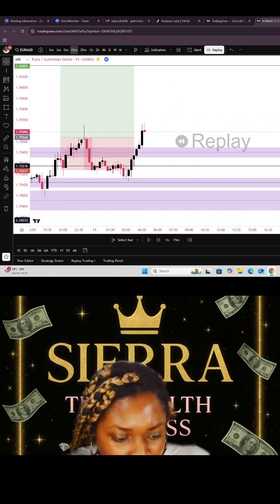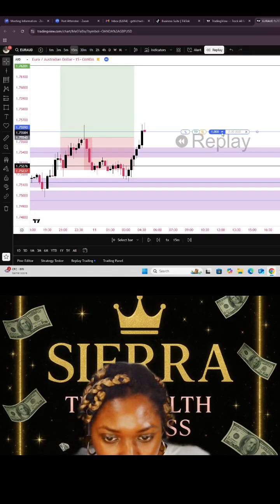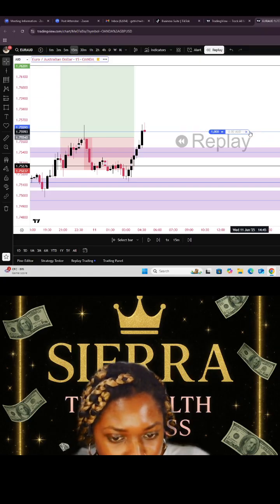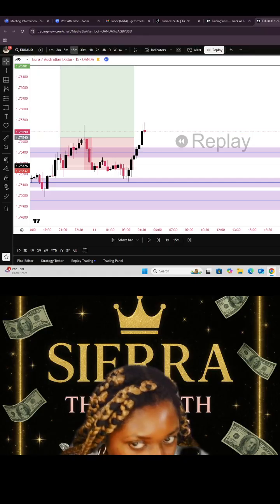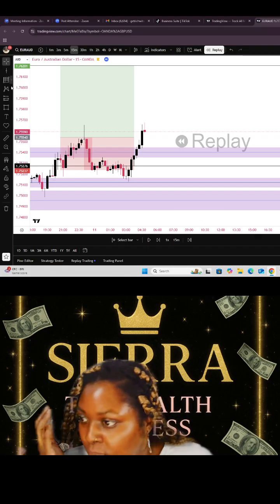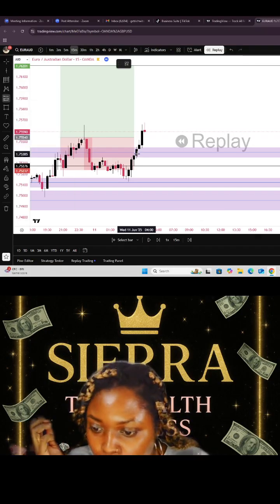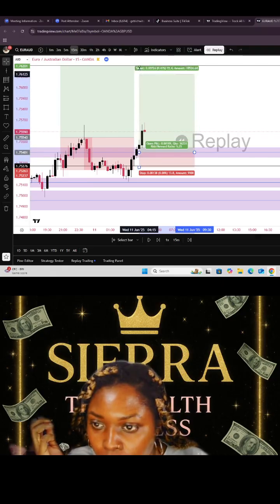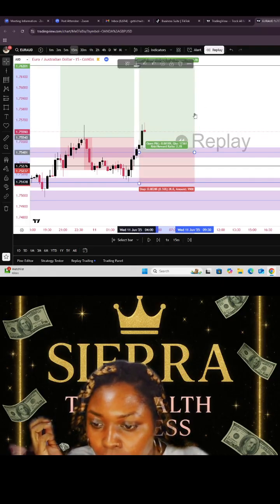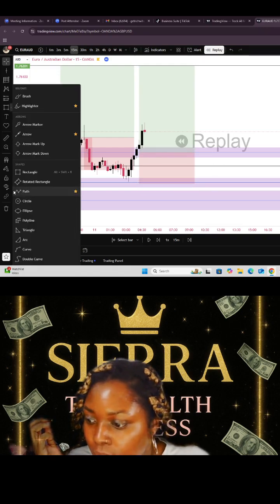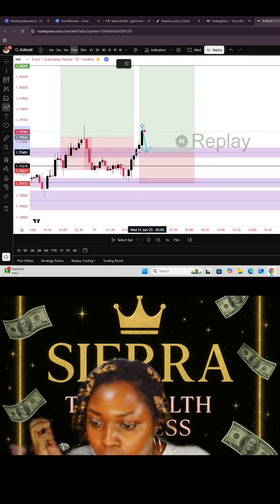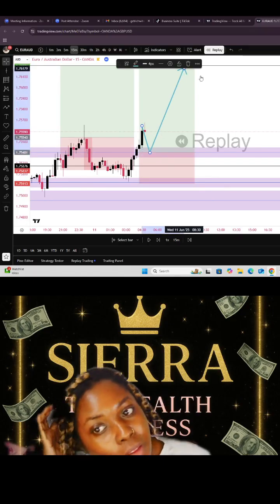I wonder if I could set a limit. I don't think I could set a limit. Right, so if price pulls back here into this gap, then we can enter it.